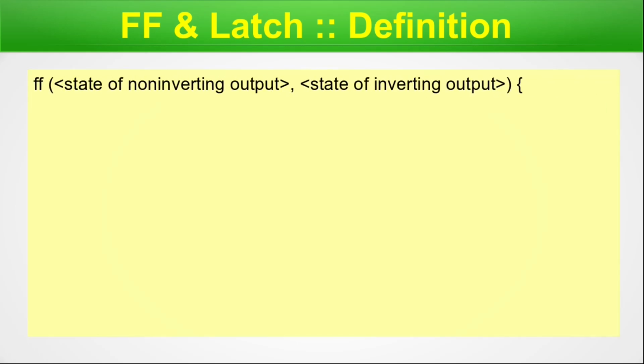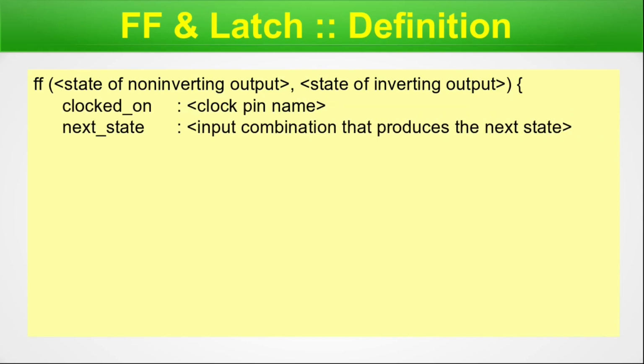Flip-flop and latch definition. Now, let us have a quick look into the flip-flop and latch structures. The same structure is applicable for all general flip-flops. Flip-flop: state of non-inverting output and state of inverting output. Clocked on, then there will be a clock pin name. Next state: the input combination that produces the next state. This typically looks like an equation. Clear: active value of the clear input.